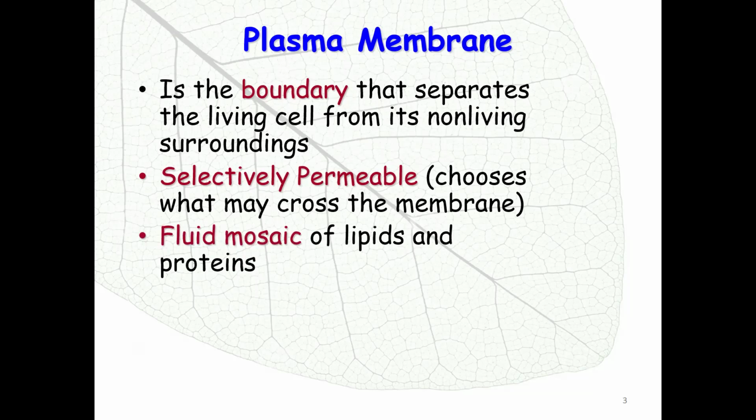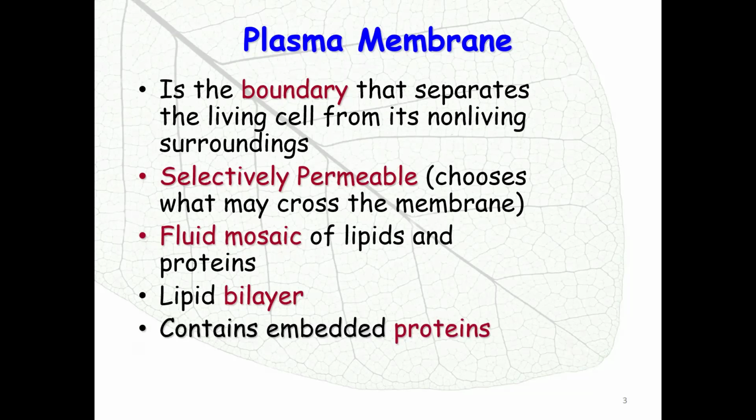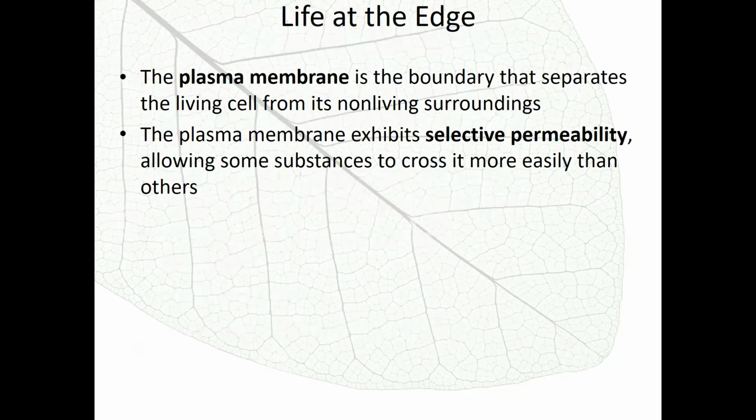It is called a fluid mosaic structure, that is, a fluid mosaic of lipids and proteins. The main structural elements are lipids and proteins, and it contains a lipid bilayer with embedded proteins. Proteins are embedded, as I showed you earlier.